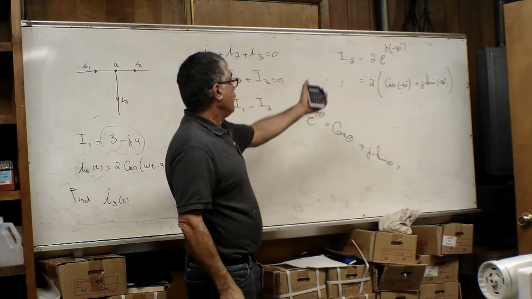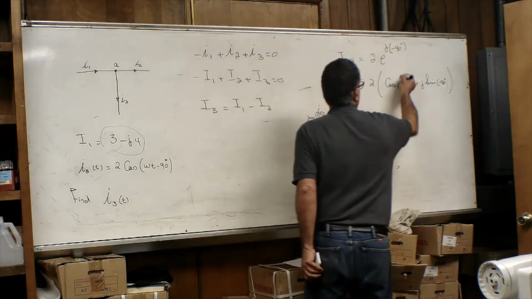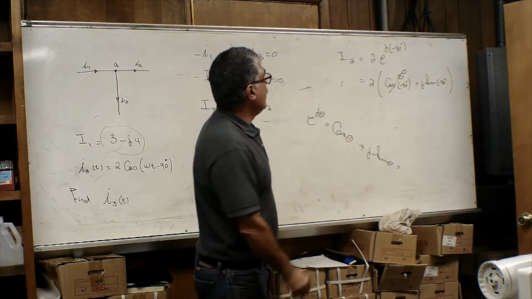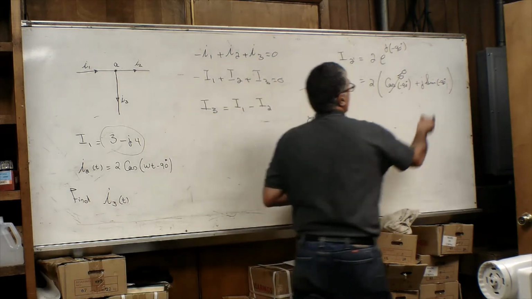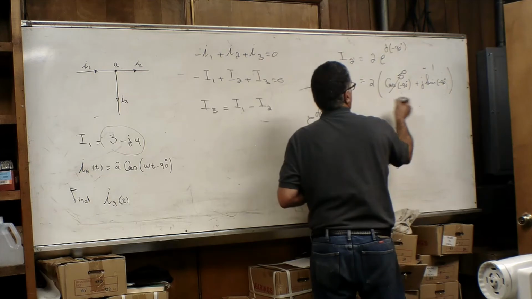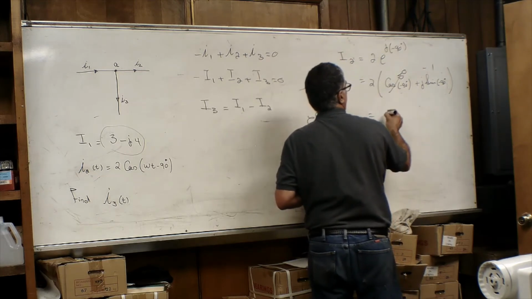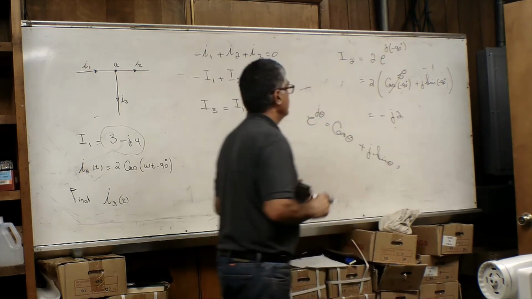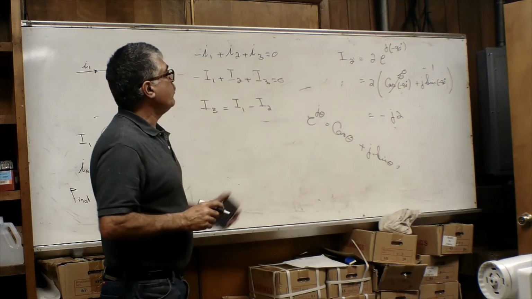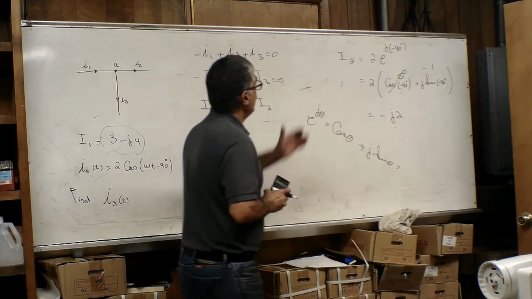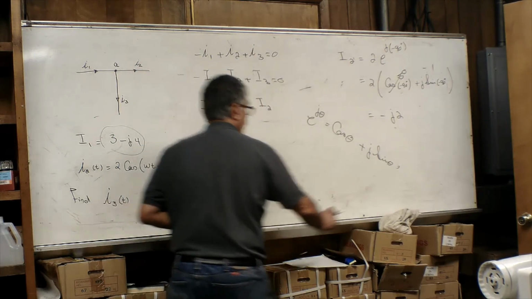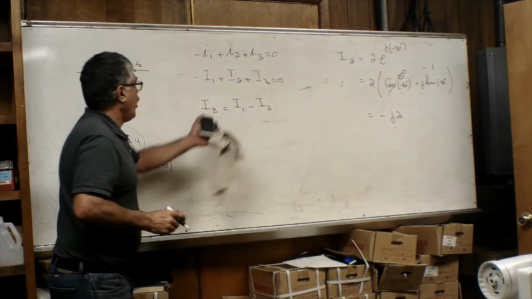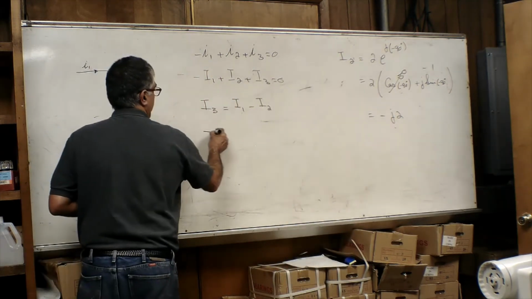And we know that the cosine of minus 90 degrees is 0, and the sine of minus 90 degrees is -1. So this will be equal to minus j2. So minus j2 is the phasor expression for I2. Now that we have both phasor expressions for I1 and I2, we can find I3.